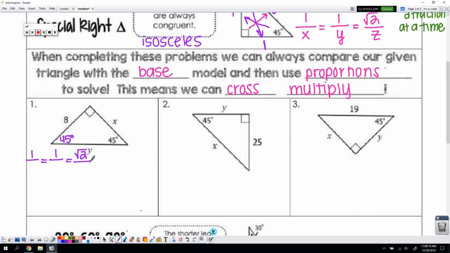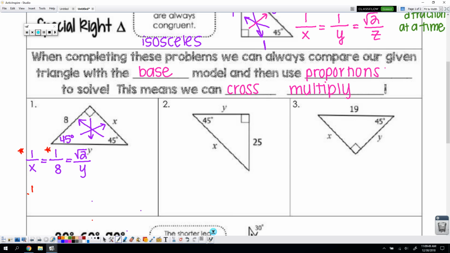Remember, the 1s go over whatever is across from my 45-degree angle. So I have x, I have 8, and then my square root of 2 is across from my 90-degree angle, which is y. We're going to have to set up two fractions, each with one variable and one with all numbers.